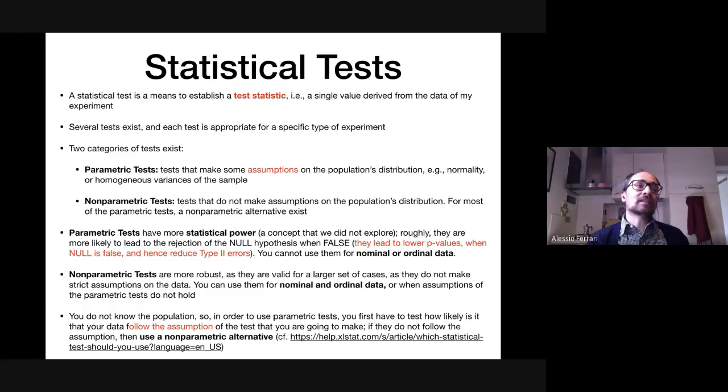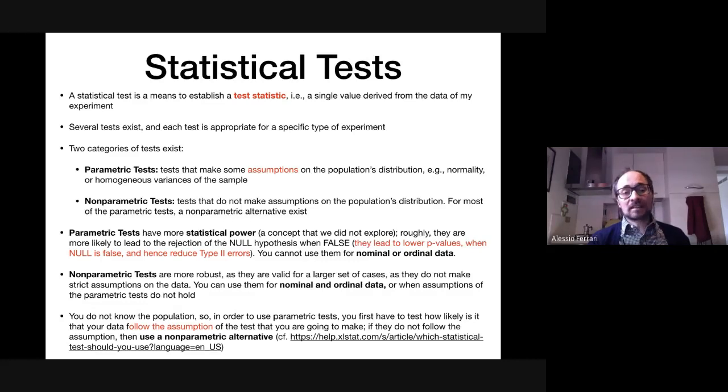The parametric test makes some assumptions on the population distribution, and most of all, normality. The non-parametric tests do not make assumptions on the population distribution. In most cases, for each parametric test, there is a non-parametric alternative.